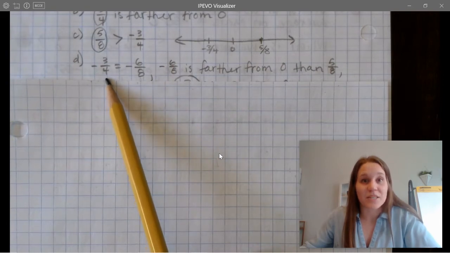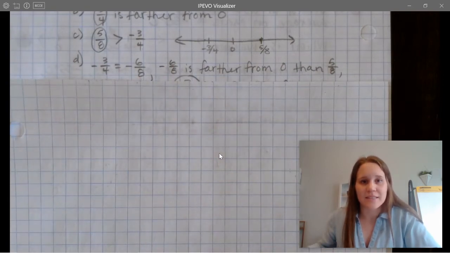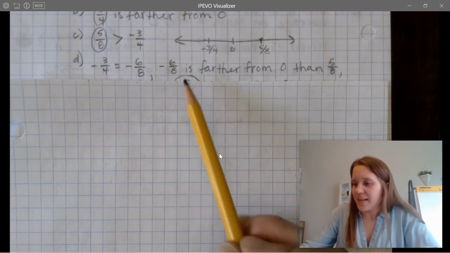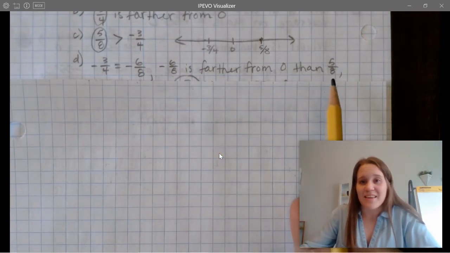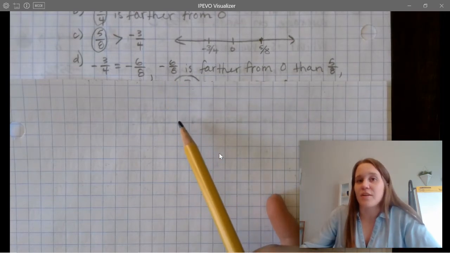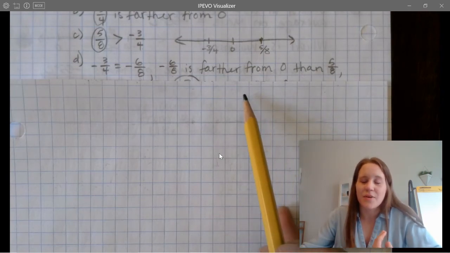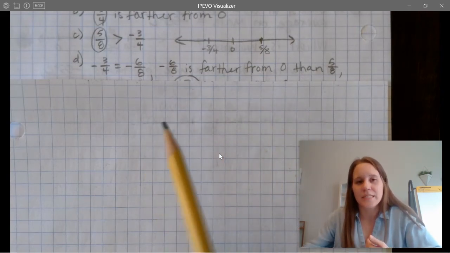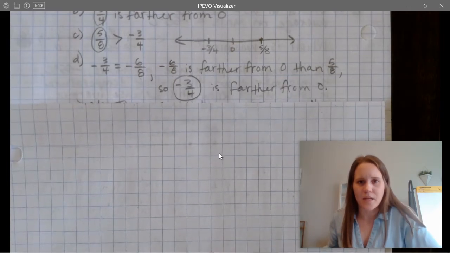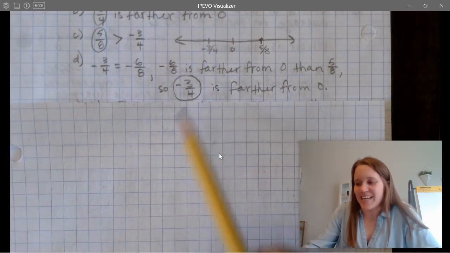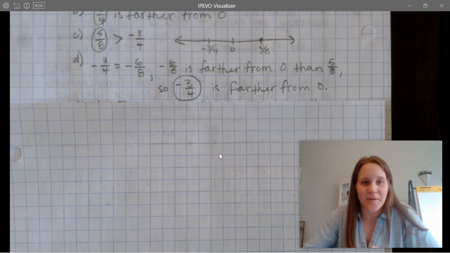So negative 3/4 is equal to negative 6/8. When I'm comparing negative 6/8 with the other number 5/8, I found that negative 6/8 is farther from 0 than 5/8. Kind of like how negative 6 is farther from 0 than 5. Same thing with 8s. So the answer is negative 3/4 is farther from 0.